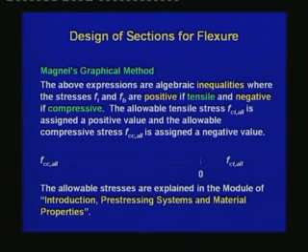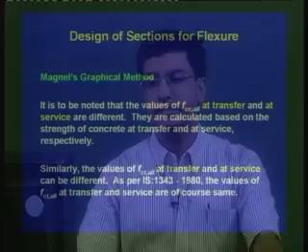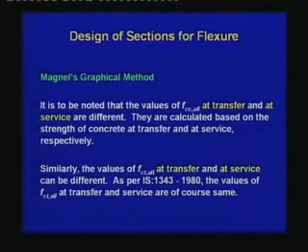These values are different because the concrete has different strength at transfer and at service. It is to be noted that the values of FCC allowable at transfer and at service are different. They are calculated based on the strength of concrete at transfer and at service respectively. Similarly, the values of FCT allowable at transfer and at service can be different.